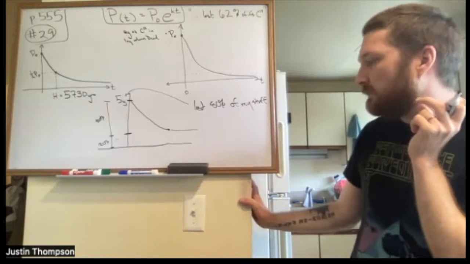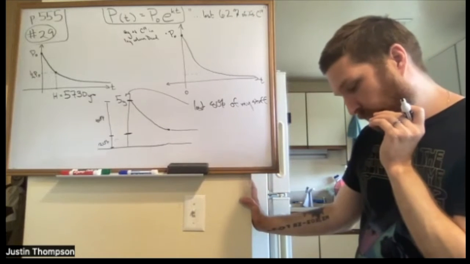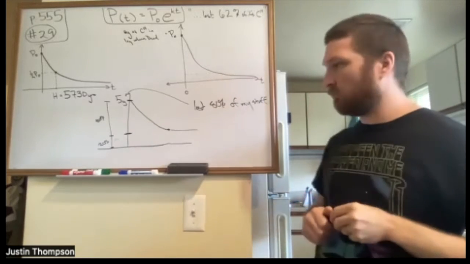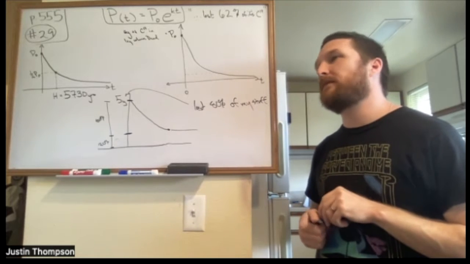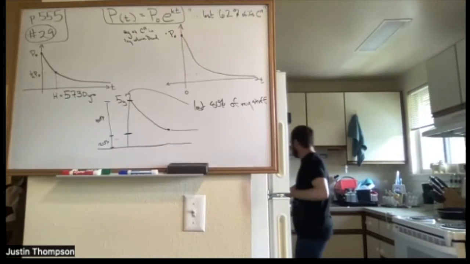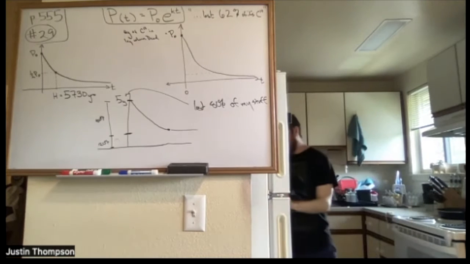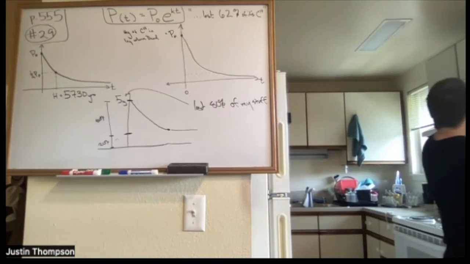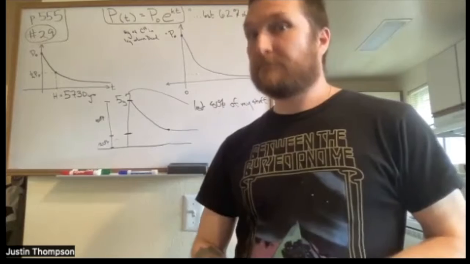20% of 5. You just multiply something by something. Multiply 5 by 0.2.